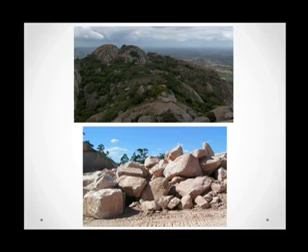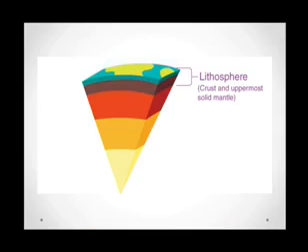In our previous chapter and in standard 5, we have studied about different spheres of the earth. From that, the lithosphere is the uppermost solid layer, that is the earth's crust. This sphere is hard.